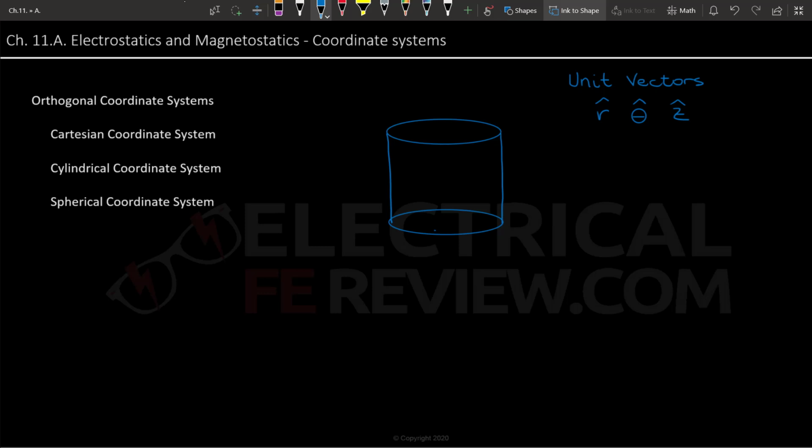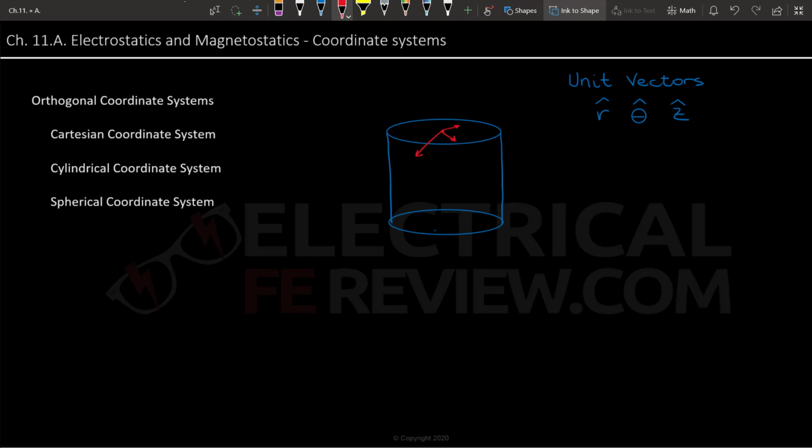What is lowercase r? Well, lowercase r is going to be the radius. So basically, at what point of a radius we are looking at. So it could be up to the actual cylinder, it could be a little less, it could be more. The cylinder is just for reference. So basically the radial distance from the origin. Then we have theta.